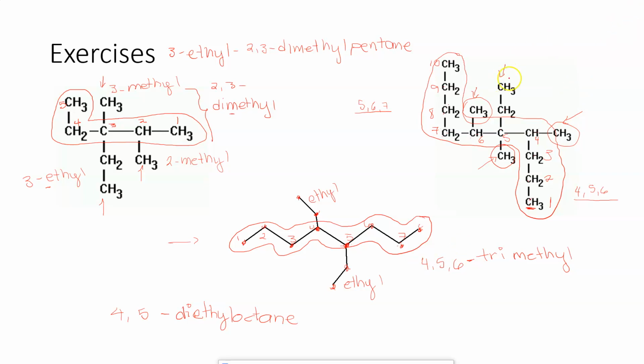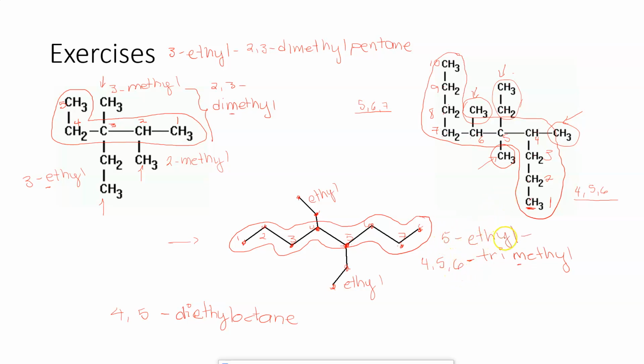Now, I only have to name this ethyl here, right? And we say that ethyl comes before methyl, right? So this ethyl is in position 5. So this is 5 ethyl, right?